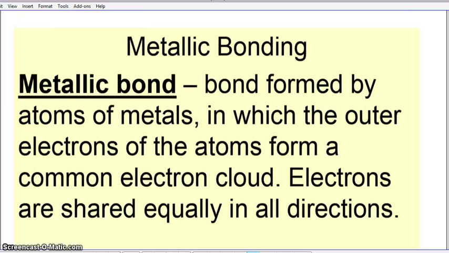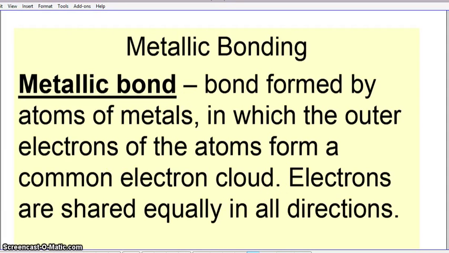Now, metallic bonds are like the bonds from the 60s, man. It's all carefree. It's all good. We all share. We all care. We're all together. A metallic bond is formed by atoms of metals in which the outer electrons of the atoms form a cloud. They call it the sea of electrons.